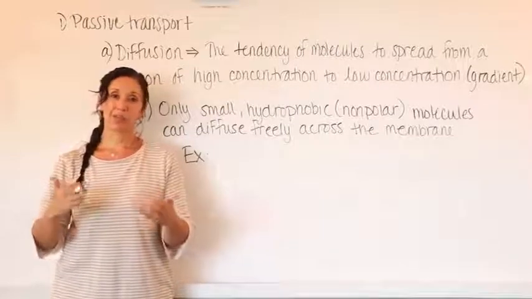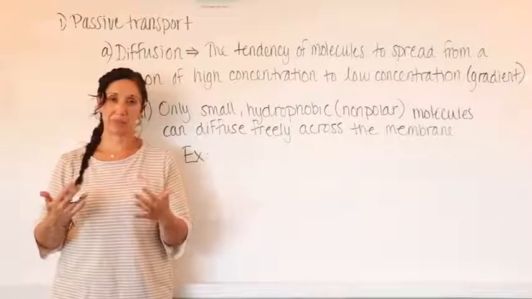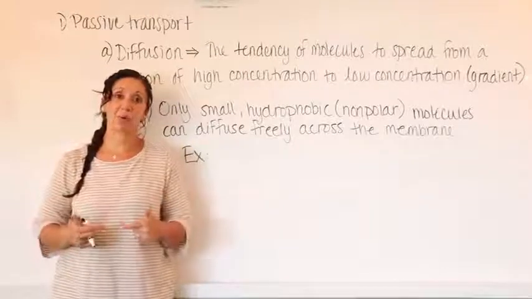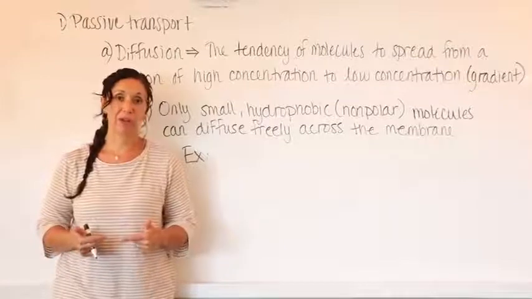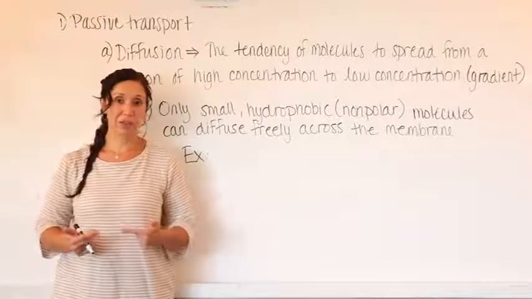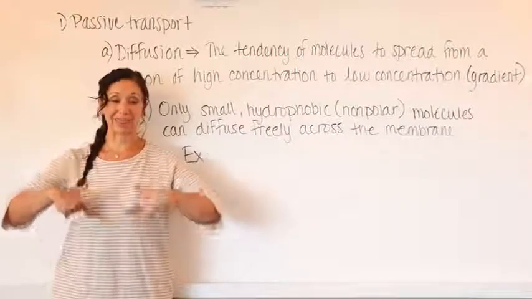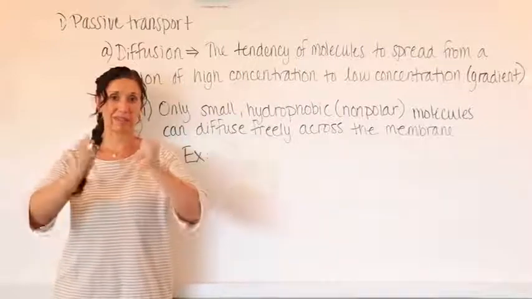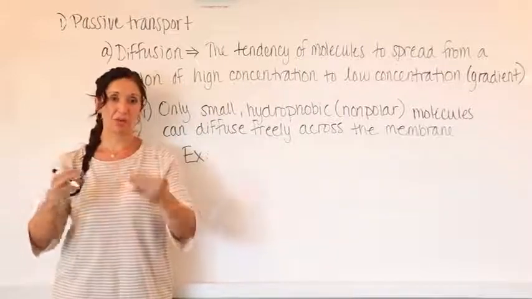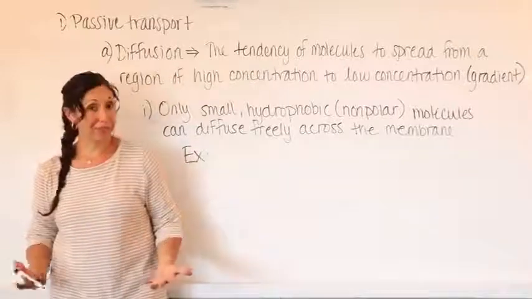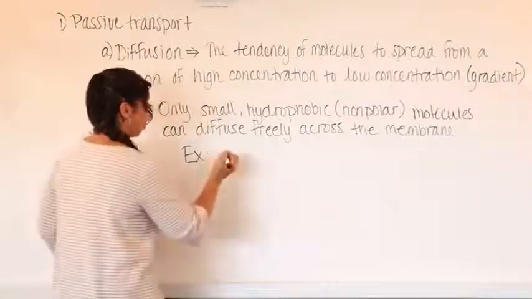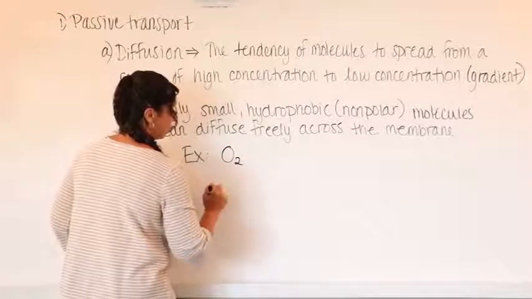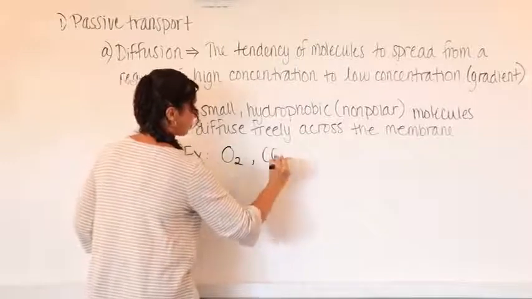Every cell in your body requires oxygen to survive. And as your cells are working, they're producing carbon dioxide, and we need to get that carbon dioxide out. So we need those gases to pass freely across the membrane, and thankfully they do. A great example is oxygen, O2, and CO2.